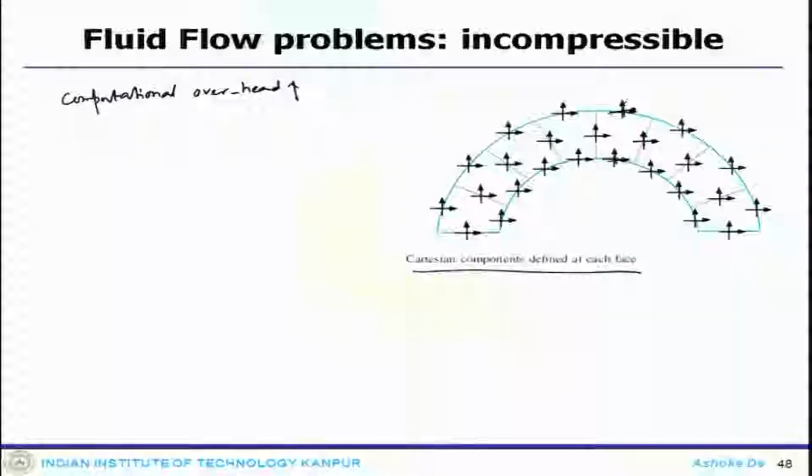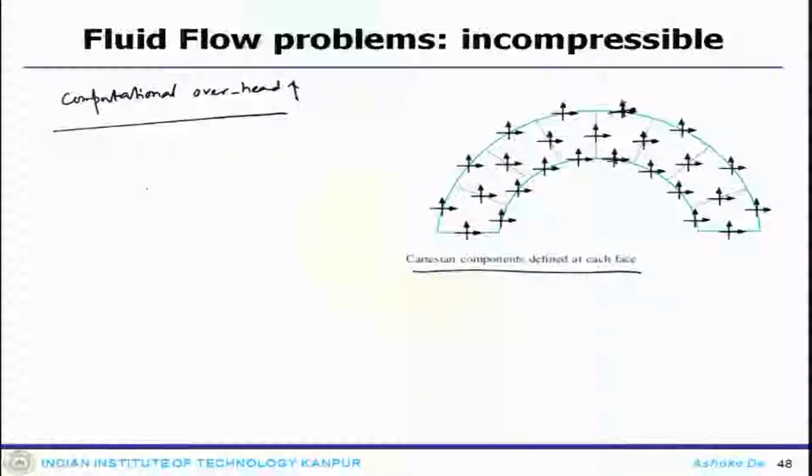Now, the problem is further complicated in the case of an unstructured grid. This is still a regular grid, but in a curvilinear system, but when you have an unstructured grid, you can get more problems.